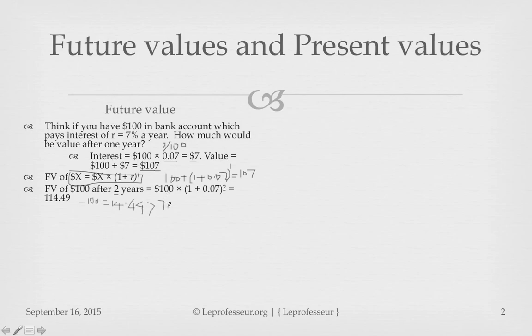Each year you are getting $7 interest, but you did not take money out, and next year also you got $7 interest, but now it is calculated in a compound manner. So your 14.49 is greater than 7 plus 7, so you got 49 cents of extra compound money. So see how the interest rate R plays a major role. So it's in a compound interest manner.